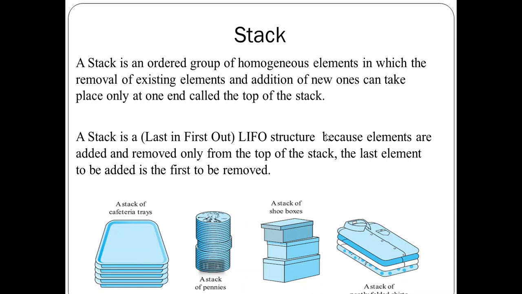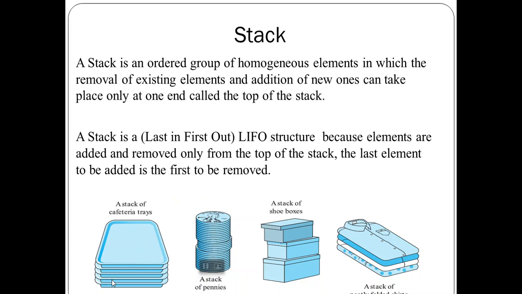If you look here, we have some real world examples depicting the behavior of stacks: a stack of cafeteria trays, a stack of pennies, a stack of shoe boxes, a stack of shirts. Now if you look at the behavior of these trays, all the elements are placed one over the other.